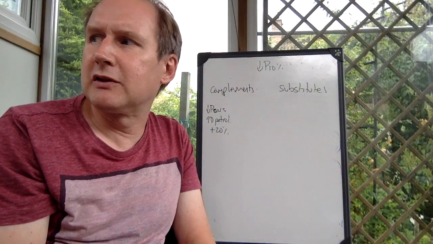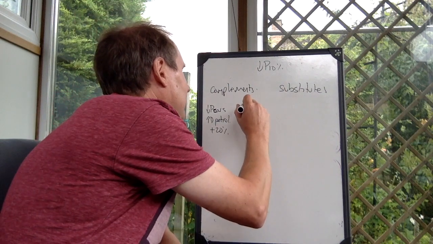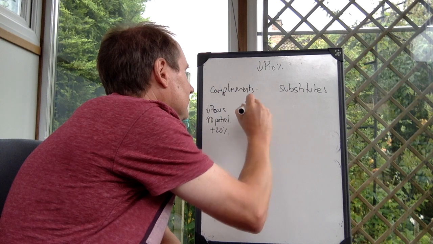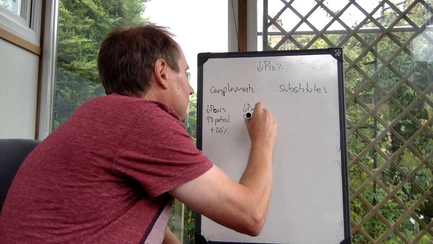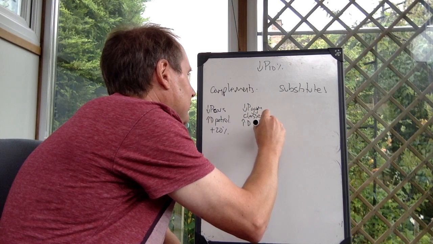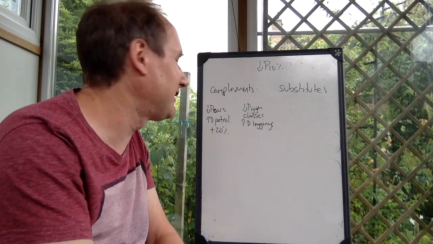Sometimes complements might be weaker. So we might say, we get a decrease in the price of gym classes, as a result of which, people have to buy more leggings. It's no good going to gym class without your leggings.